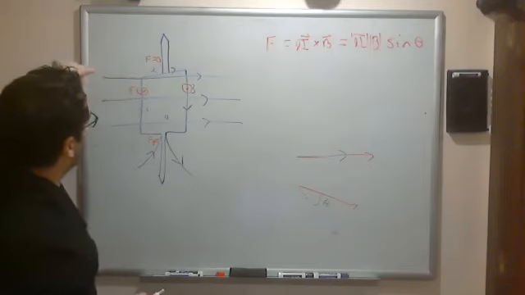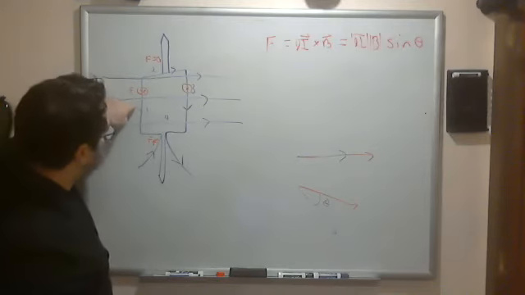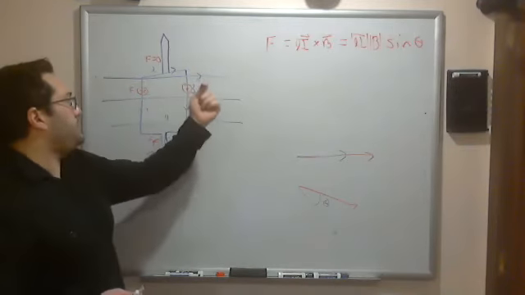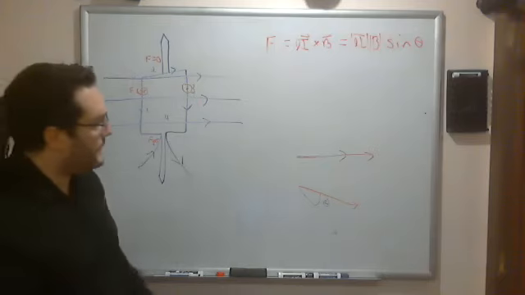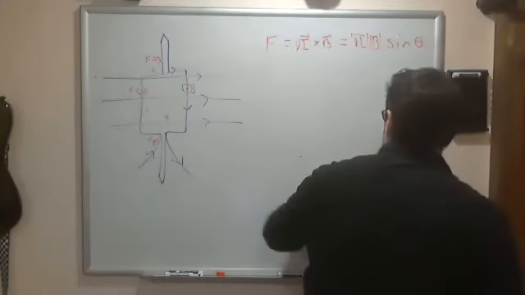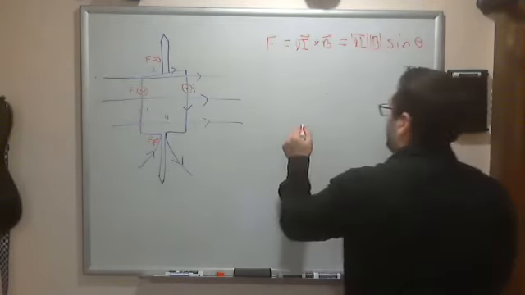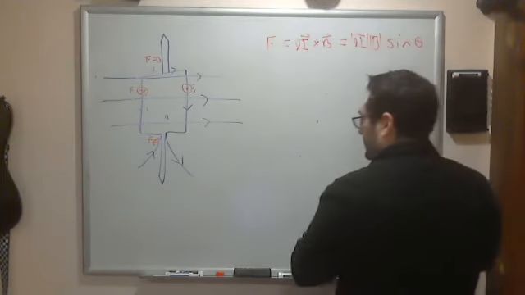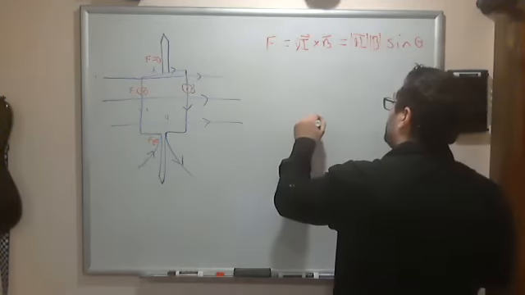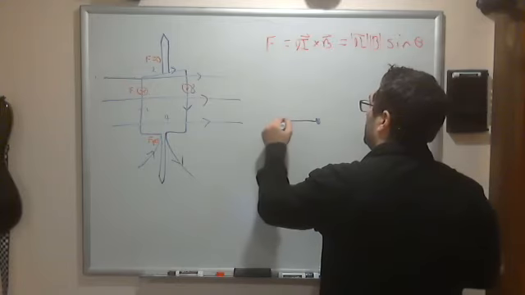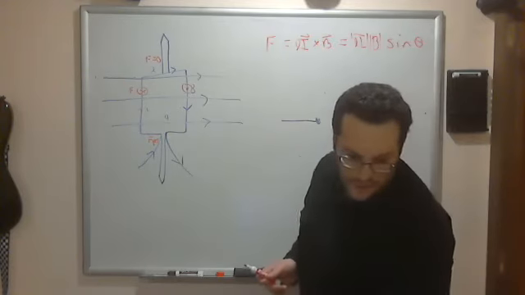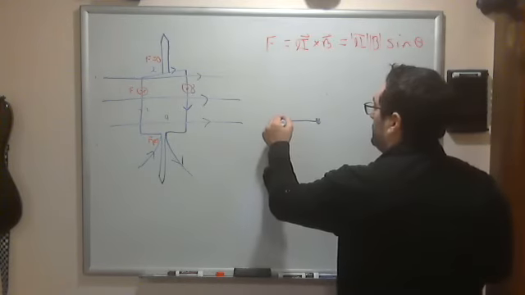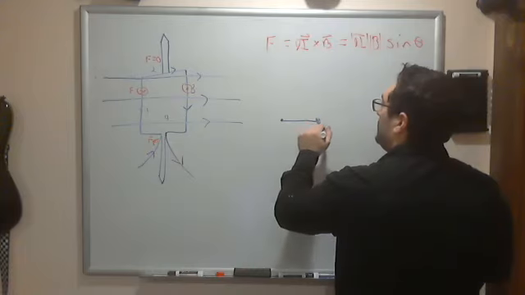Now if you look, this force is pushing this part of the wire inward. This is pushing outward, right? If we just do a top-down picture of it, this is the spindle, and then you got your two wires, right?